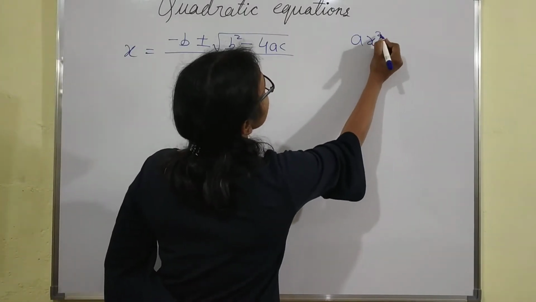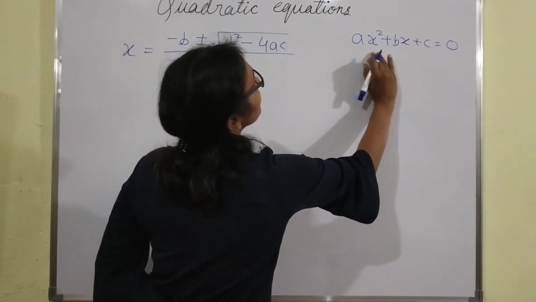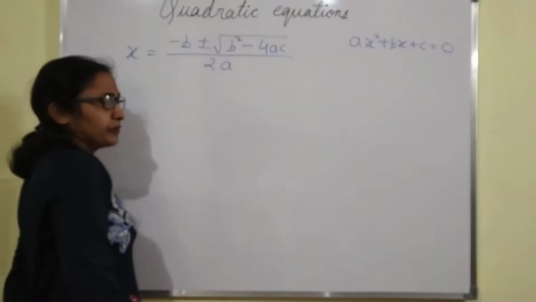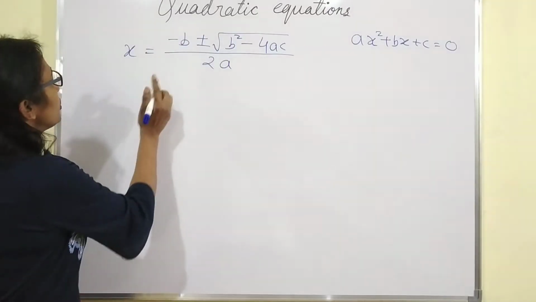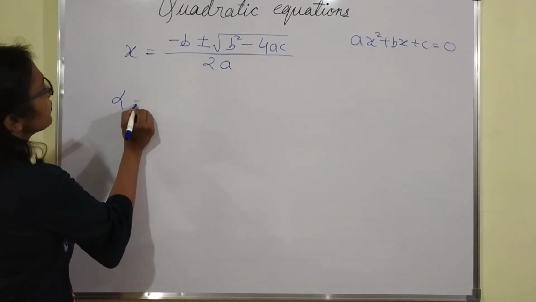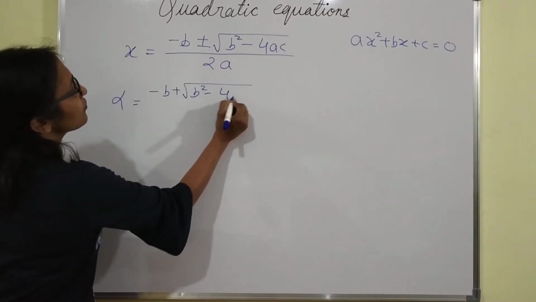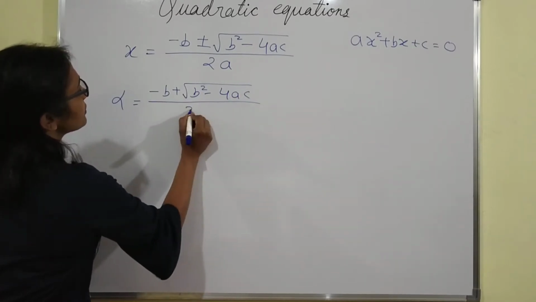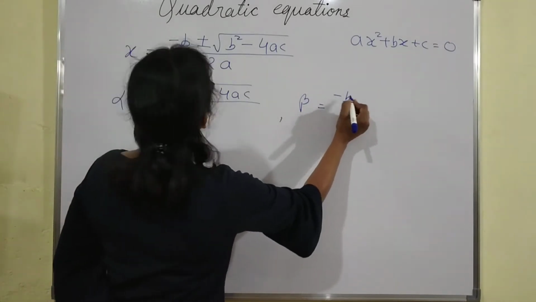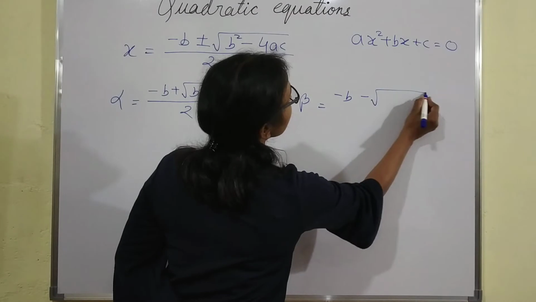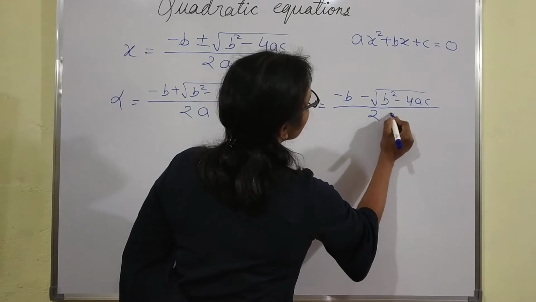Actually, the quadratic equation is ax square plus bx plus c equals to 0. When we solve it with completing the square, we get the value of x like this. So, two roots are alpha equals minus b plus root of b square minus 4ac upon 2a and beta equals minus b minus root of b square minus 4ac upon 2a.